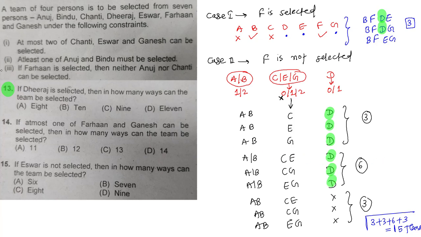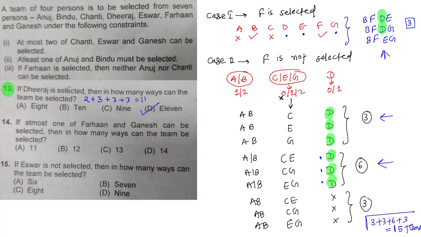These 3 teams will generate 3 more teams because it is A oblique B. So in how many teams is Dheeraj selected? 2 plus 3 plus 3 plus 3. 2 from this, 3 from this, and 3 plus 3 is from this. The answer of this question is 11, that is option number D.